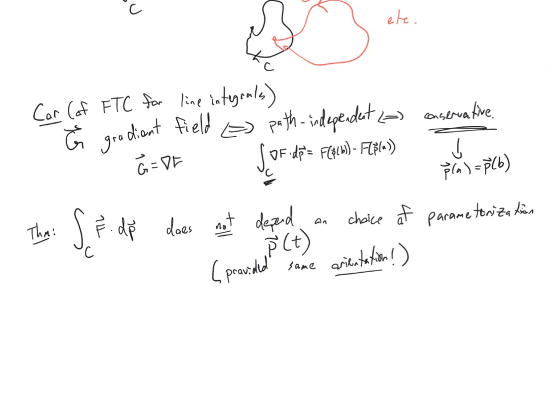So the line integral really only depends on what the curve is, not how you are choosing to move along the curve, except for the way you have decided where the curve starts and where the curve stops. So like, are you flowing counterclockwise or clockwise or left to right or right to left? That matters, but it doesn't matter how you particularly write down that parameterization, which will save our butts in a lot of these problems.